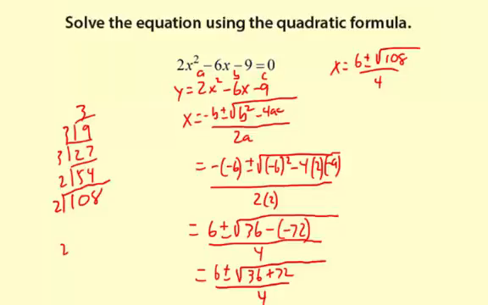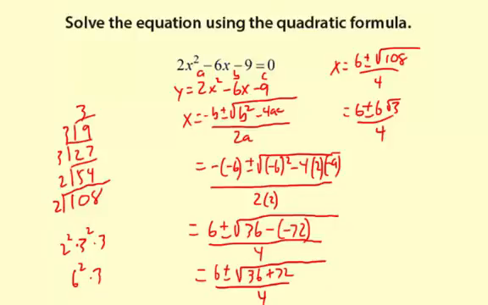So if it's 2 squared times 3 squared times 3, essentially that just means we have 6 squared times 3. Okay, so to simplify the square root of 108, we can take out a 6 from the radical and leave the 3 inside. So it's going to be equal to 6 plus or minus 6 radical 3 all over 4.